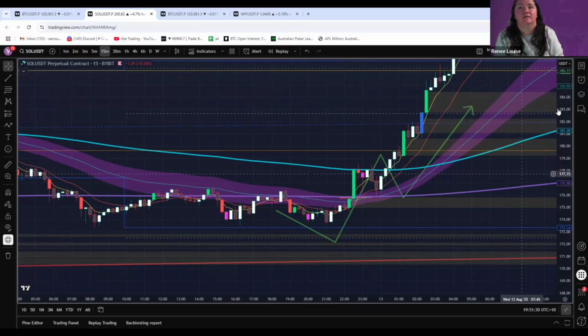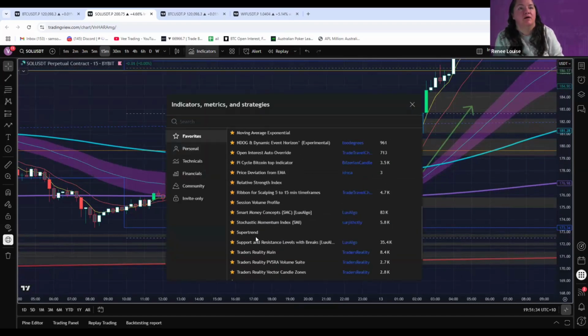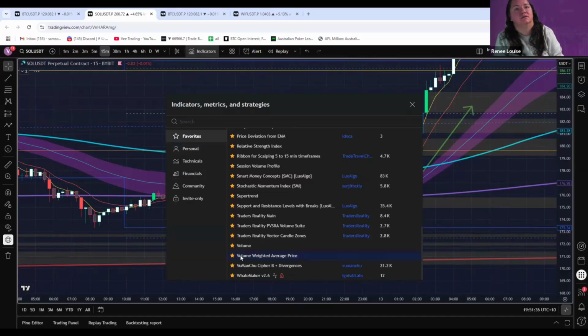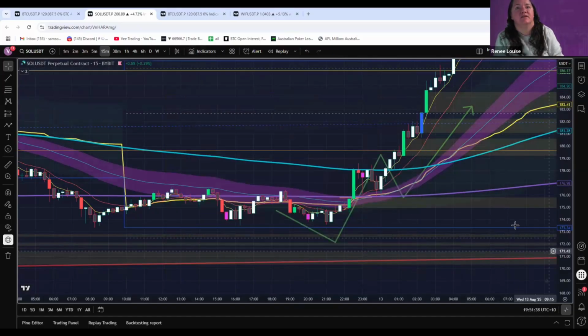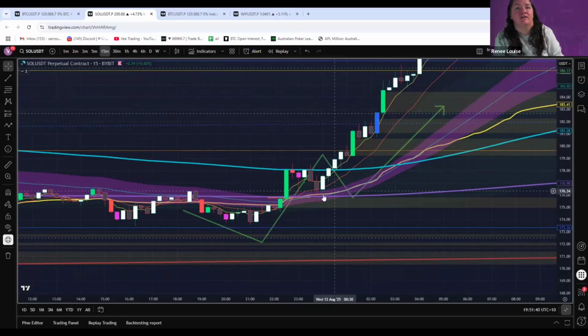But what I'm going to do is add on my VWAP. So let's have a look. VWAP is the yellow line. So now it's bounced off the 50 moving average, the 200 moving average, and the VWAP.